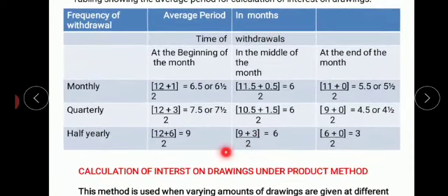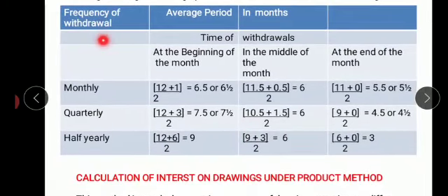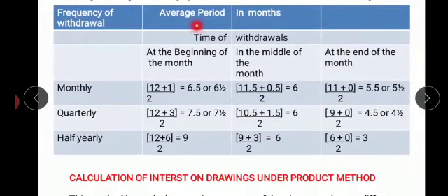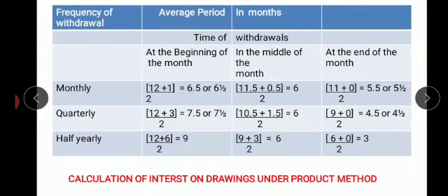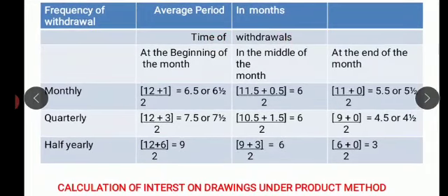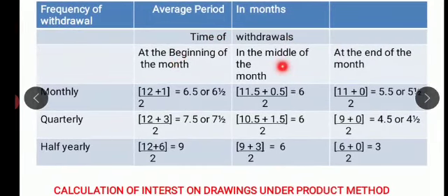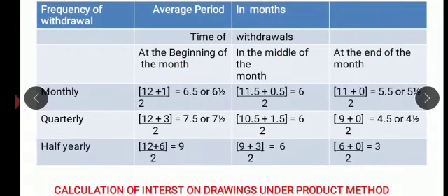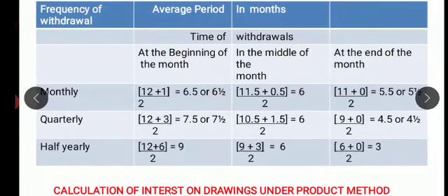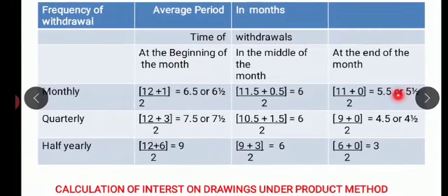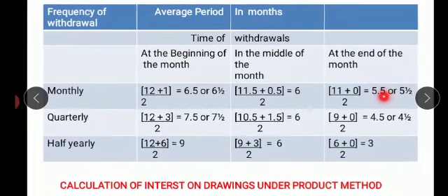Here I have the frequency of withdrawal, next the average period in months and the time of withdrawals: at the beginning, in the middle and at the end of the month. If it is monthly, in the beginning it will be 12 plus 1, that is 6.5 average period. When it is in the middle, it will be 6 months. When it is at the end, it will be 5.5 months.